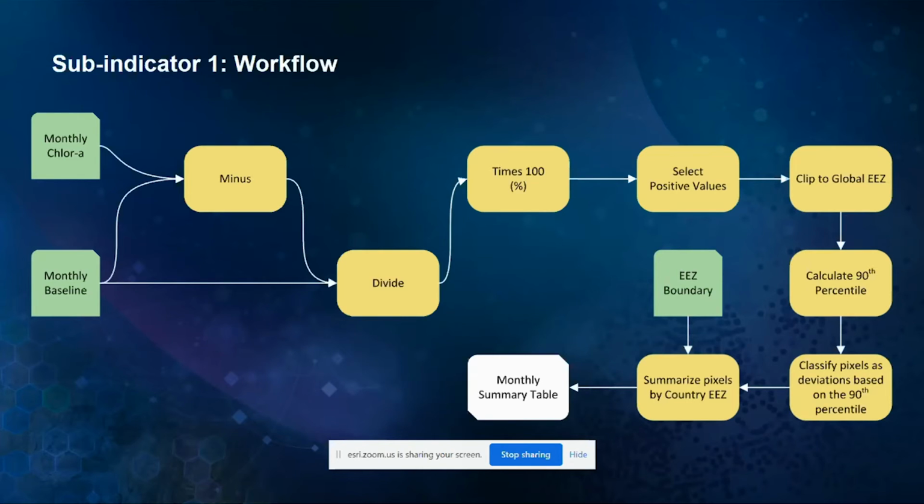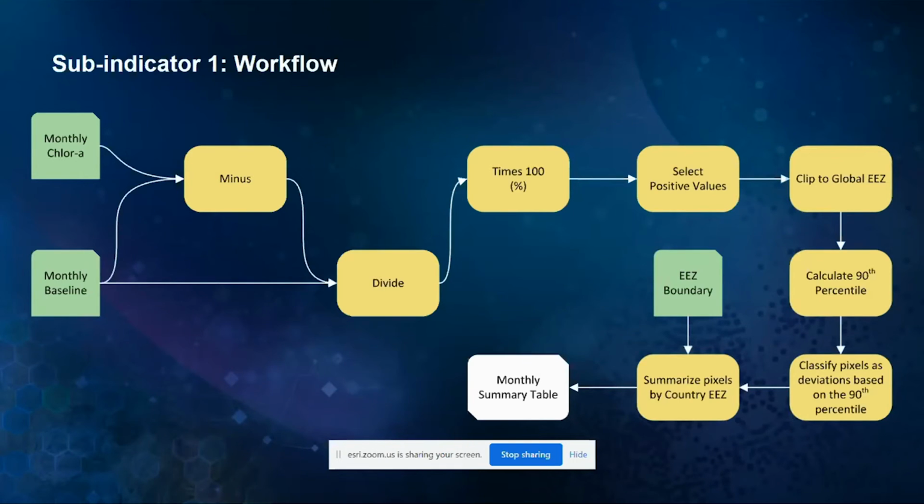And then we took each and every national boundary, EEZ boundary, and summarized the pixels where we identify positive values by country's EEZ. And then we come up with the monthly summary table for the chlorophyll-a deviation.